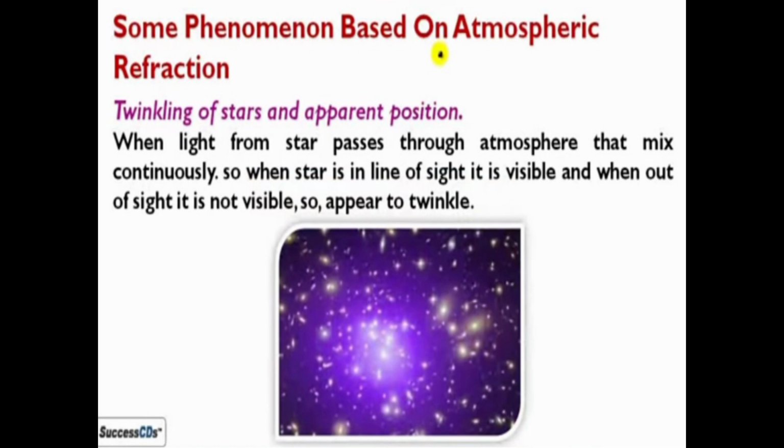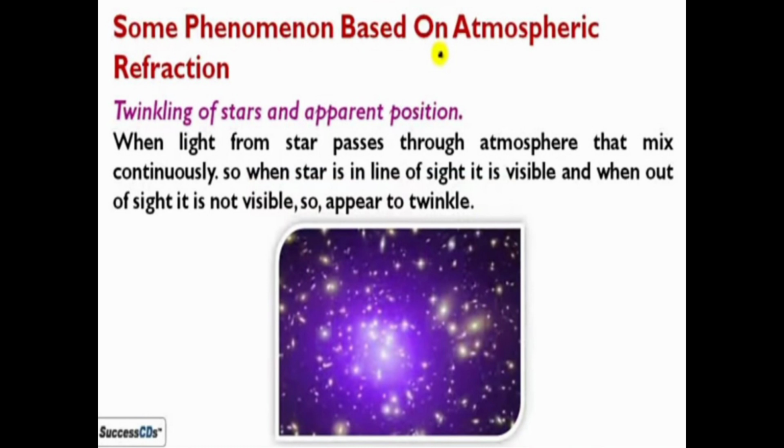Further, this apparent position of the star is not stationary, it keeps on changing, and due to this the physical conditions of the Earth's atmosphere also change. But since stars are very far from us, they are point-sized sources of light.